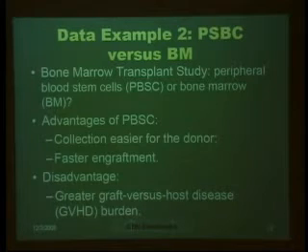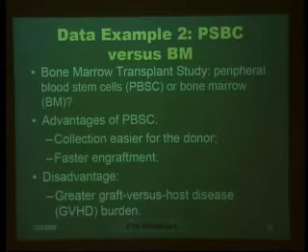So we had patients who needed to go through a bone marrow transplant, and they can receive PBSC or bone marrow from their donors. There are some advantages of PBSC. The collection is easier, and we observe faster engraftment. So those are good things about PBSC.